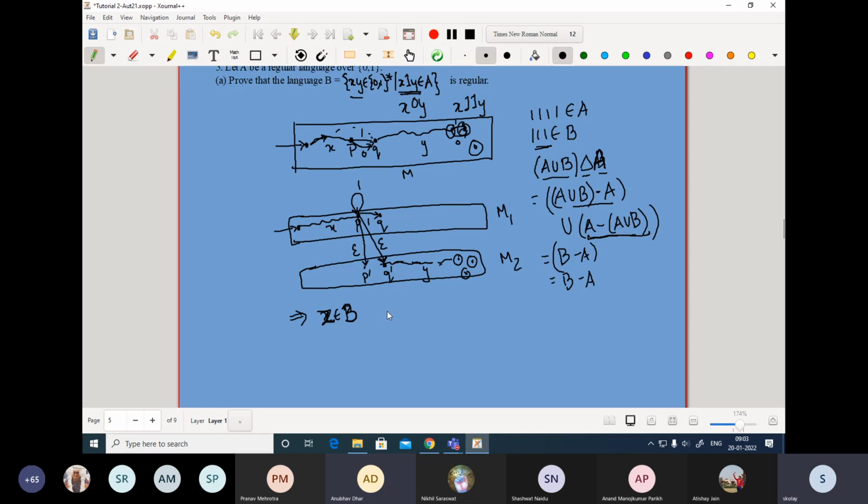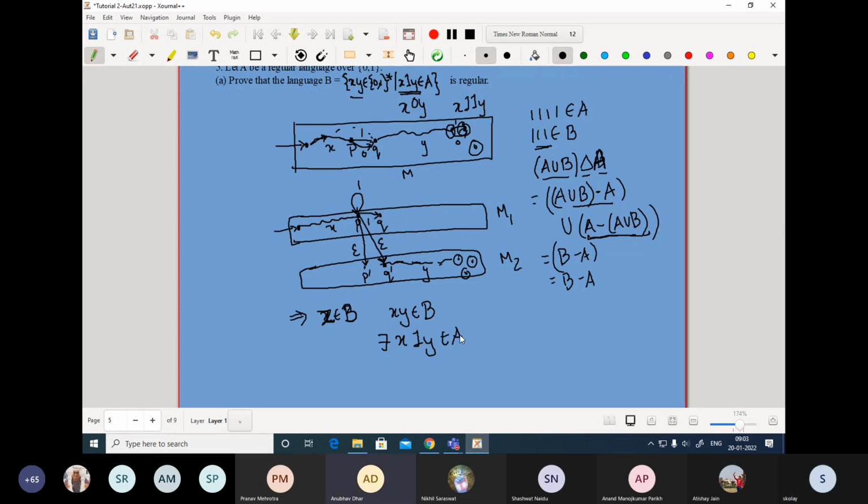Okay, wait. For a string in B. Ma'am, let's say xy in B, such that x1y is in A. So xy is in B because there exists an x1y in A. Right? Yes, ma'am.